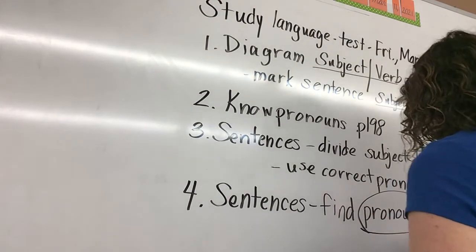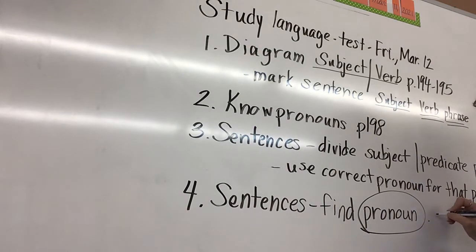So I want you to circle the word pronoun, and then you're going to find the noun, and I want you to underline it, that it takes the place of. And after you've underlined the word noun, I want you to draw an arrow from the word pronoun to that noun that you underlined.